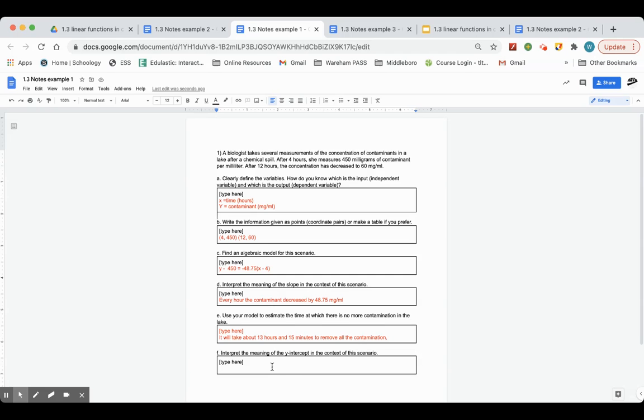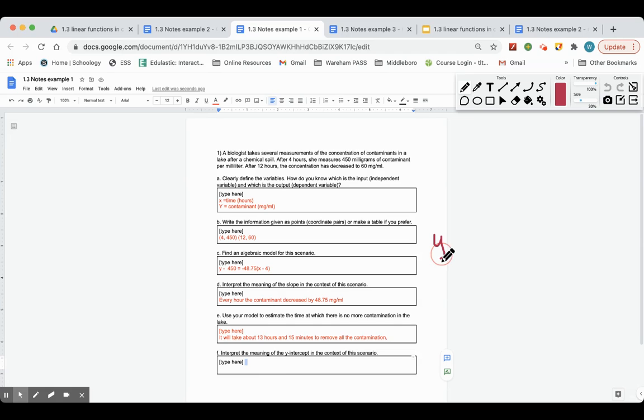So if we go back to our equation, which I'm going to write over here, our equation was y equals negative 48.75x plus 645. So the y-intercept, because this is slope-intercept form, is right there.